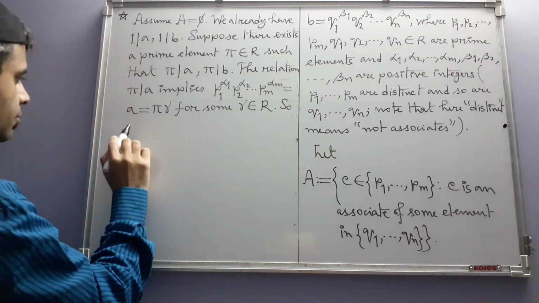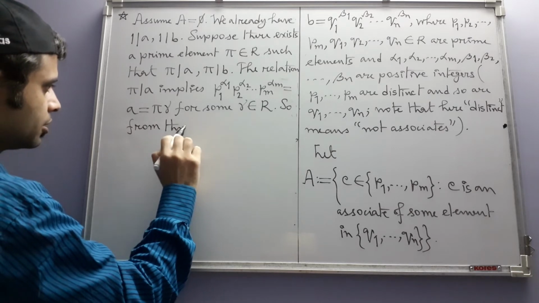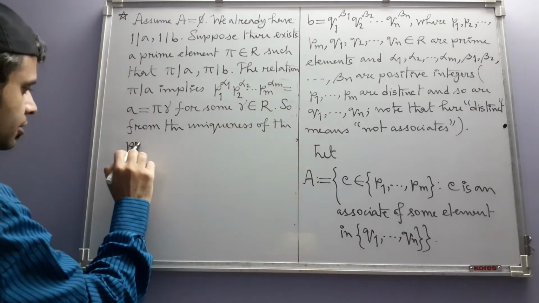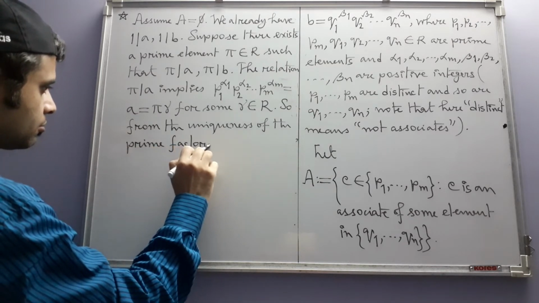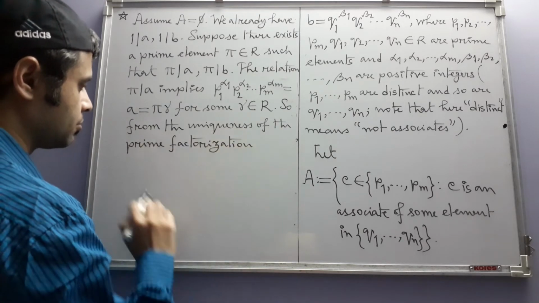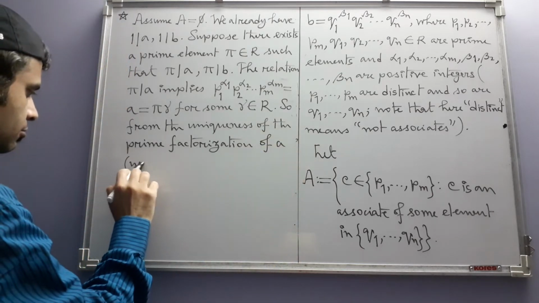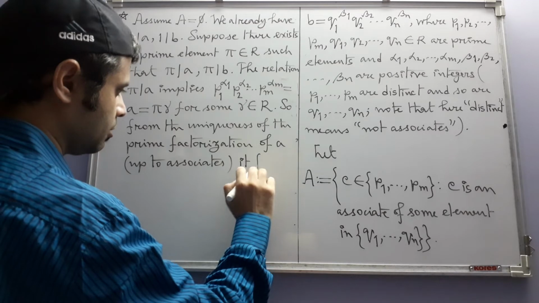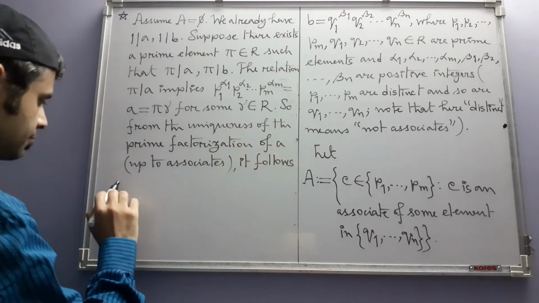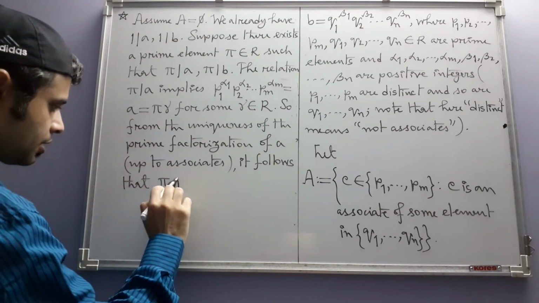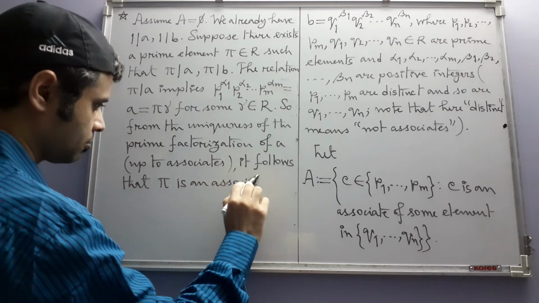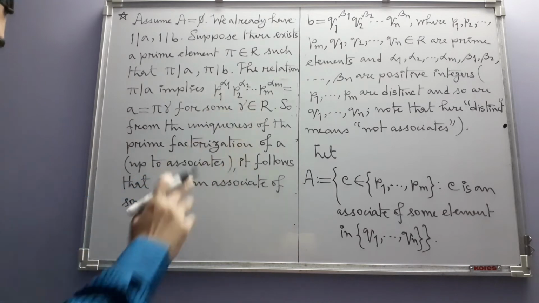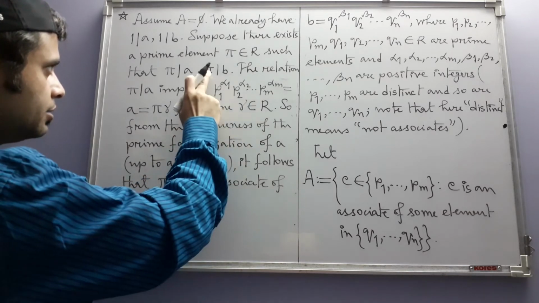So from the uniqueness of the prime factorization of a, it follows that pi is an associate of some p_i, where i of course varies from 1 to n. We are not writing that.